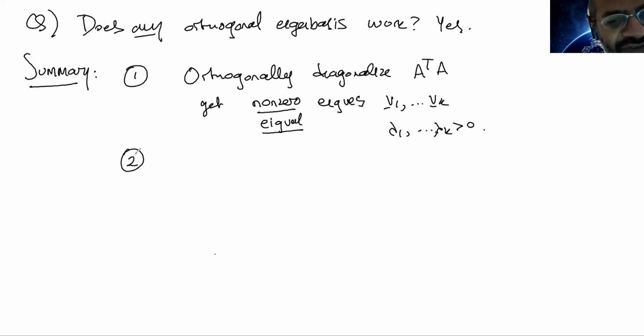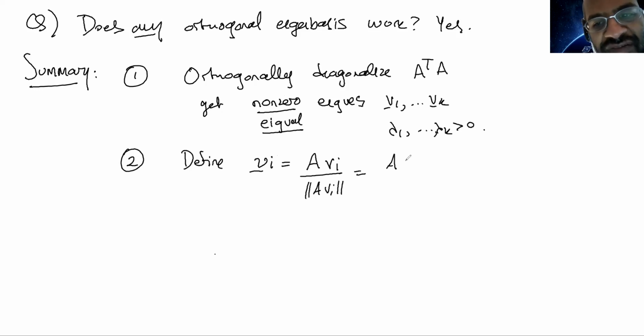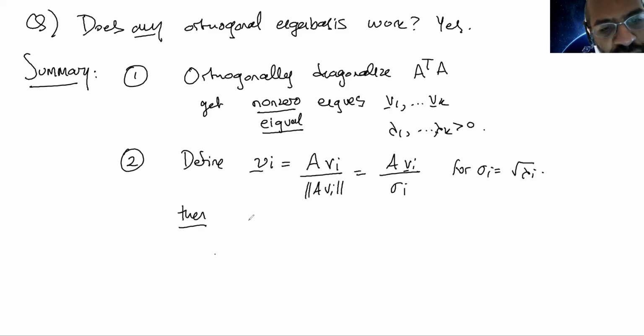And then the claim is: define these new vectors ui to be A vi normalized, otherwise known as A vi divided by sigma i, for sigma i equals the square root of lambda i. Then you have two properties.